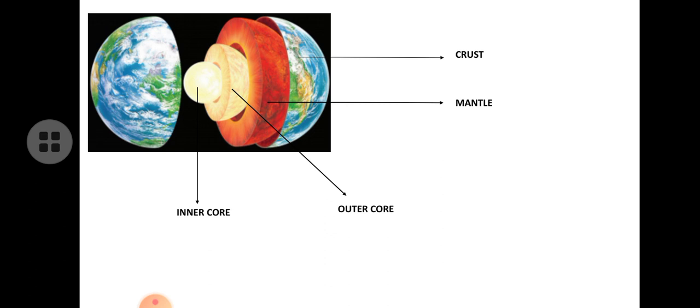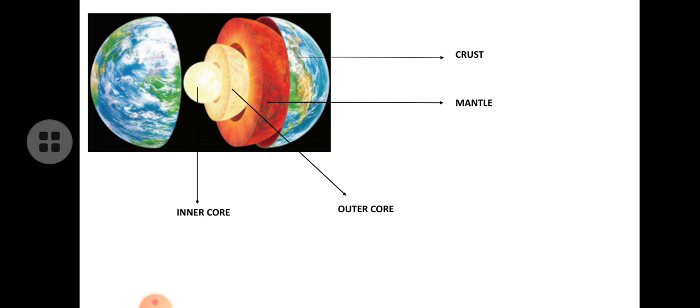We call it the mantle. Look at the orange colored disc in your display, that is called the mantle. When you move much deeper, you can see that yellowish sphere.